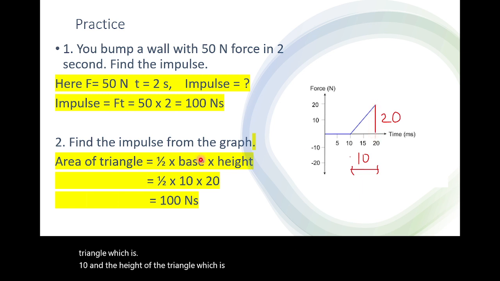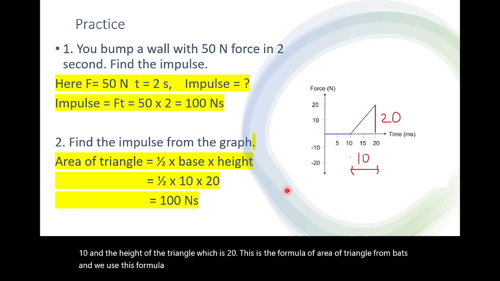This is the formula of area of triangle from maths, and we use this formula here to find the area. And the answer is 100 Newton second.